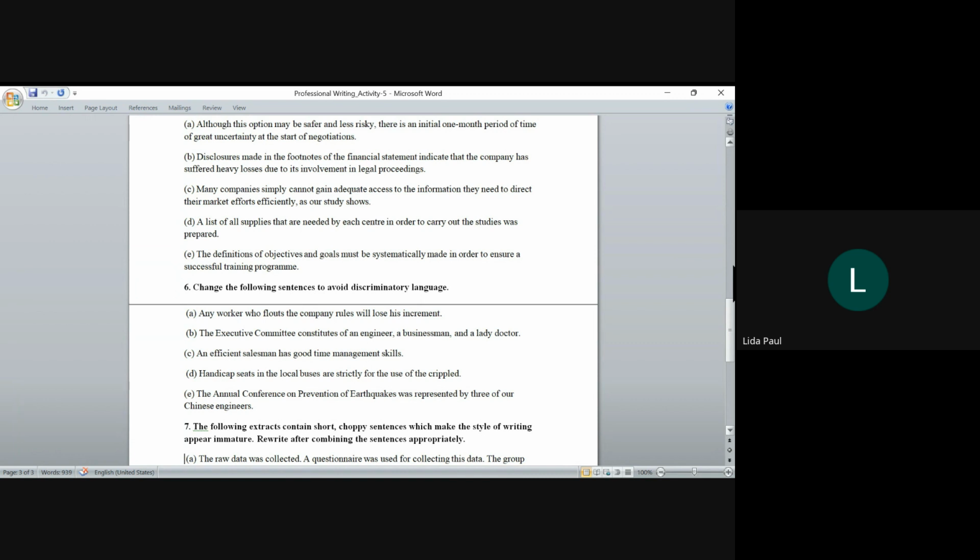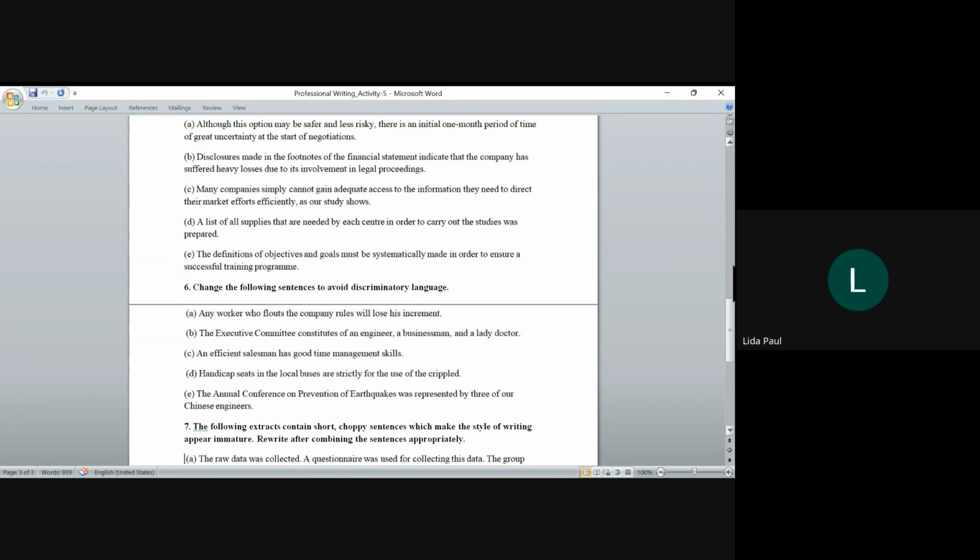Why only his increment? The workforce is definitely going to have people of all genders, right? So in cases like this, the idea is that when you write a general rule, the rule should be applicable to all. So if it's applicable to all, then you don't use his. What is the plural that you can use for his here?